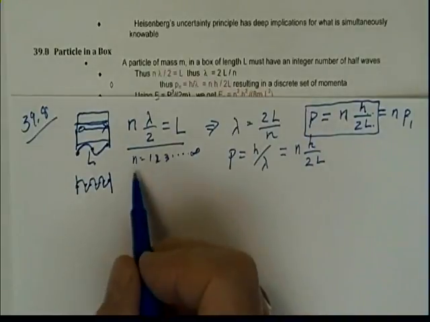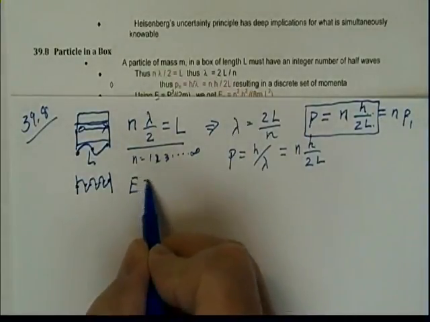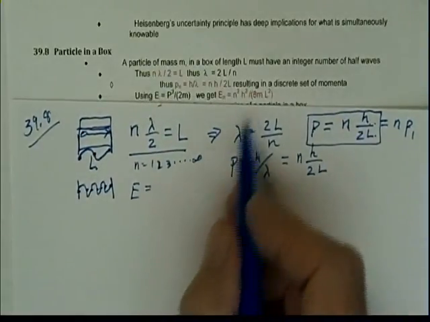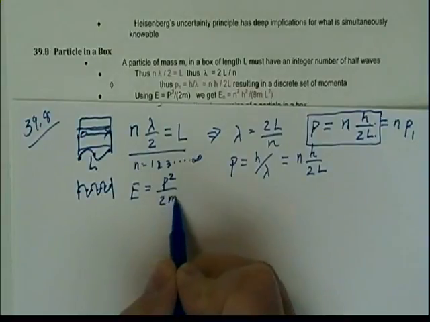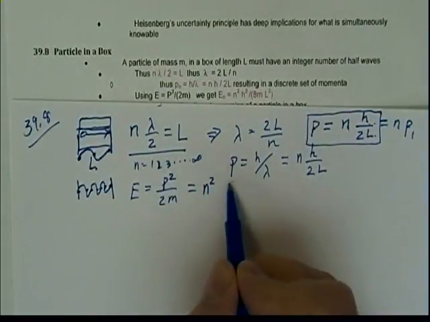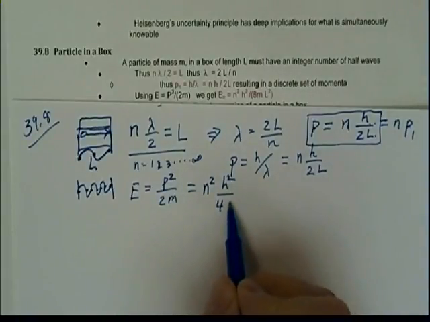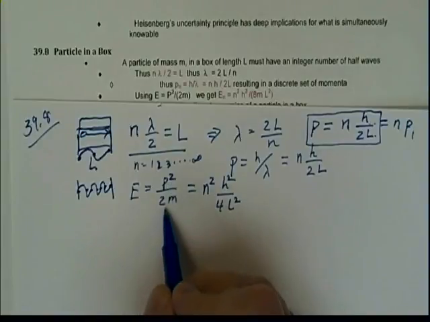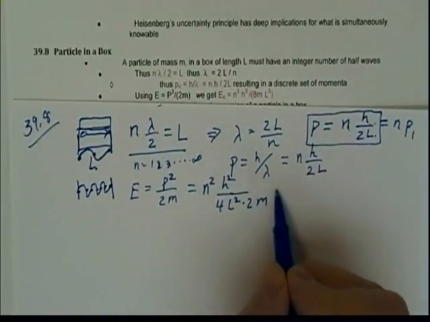Well, now that I know the momentum, assuming this is not a relativistic problem, I can compute the energy. And the energy I compute here is equal to p squared over 2m. Well, that means I can take this and square it, and I would get n squared h squared over 4L squared, times 2 times the mass.